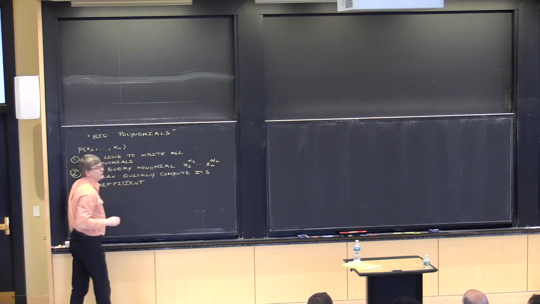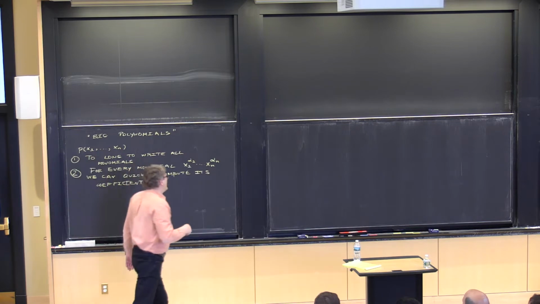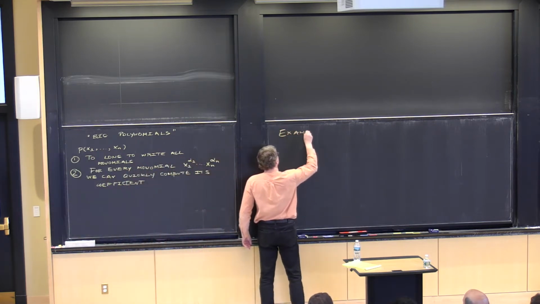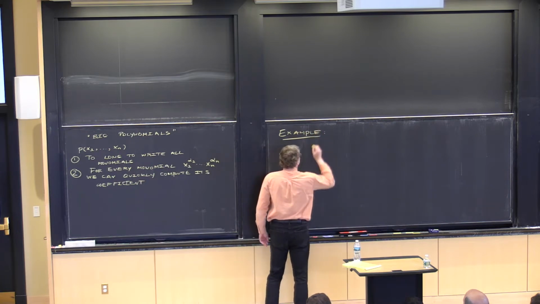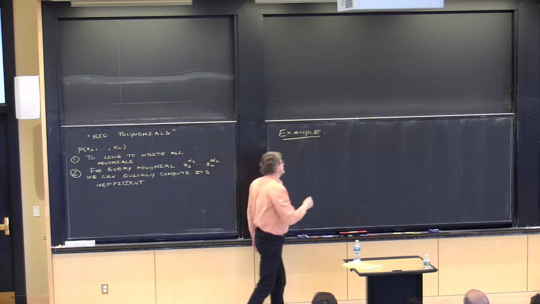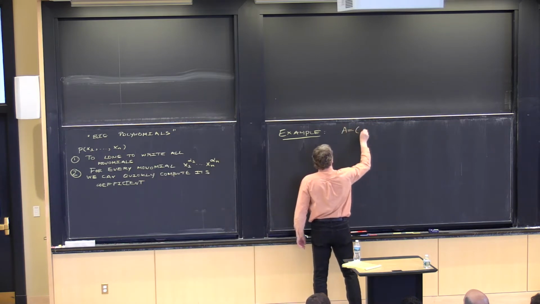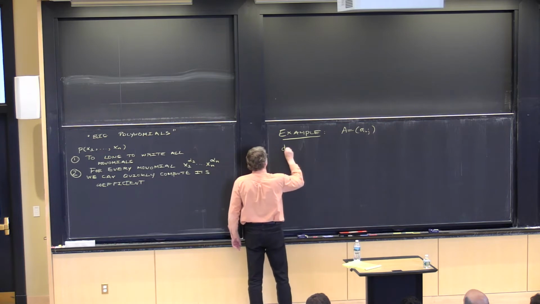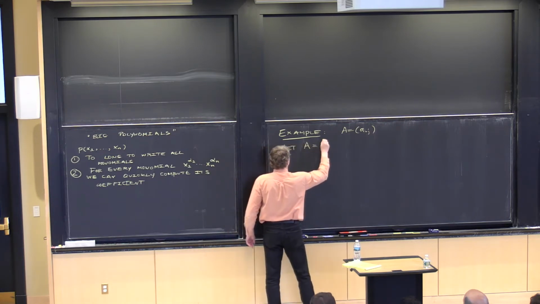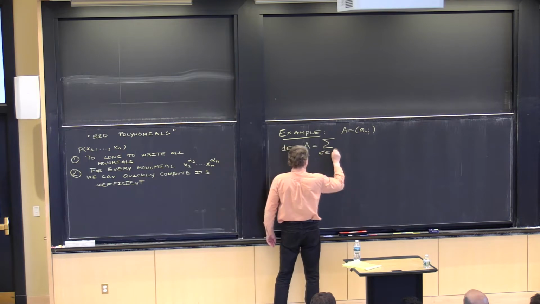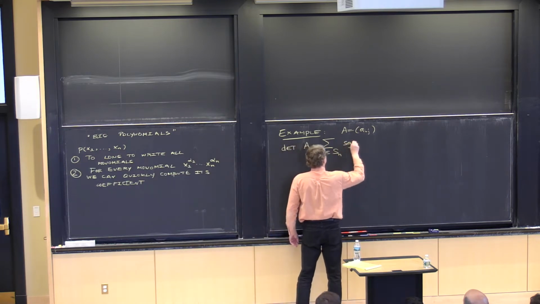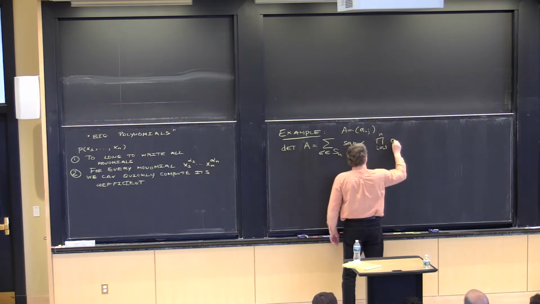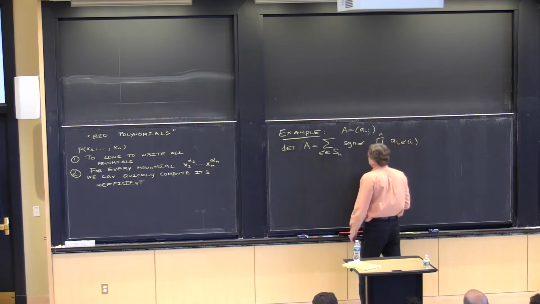And of course, we'd like to have an example, right? So one example is pretty standard. It's the determinant. If we have a square matrix, we all know what the determinant is. It's the sum over the whole symmetric group, the sign of the permutation times the product of the generalized diagonal.